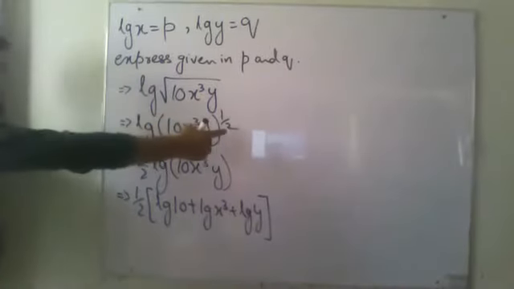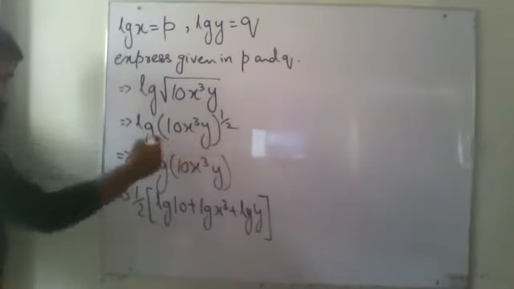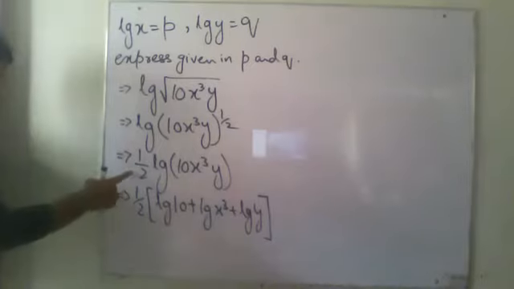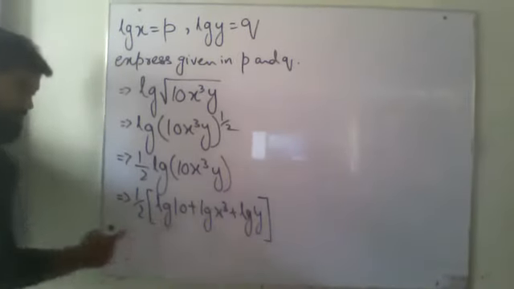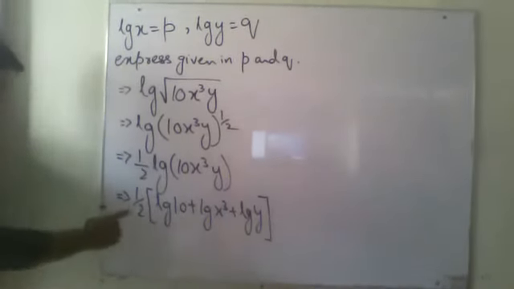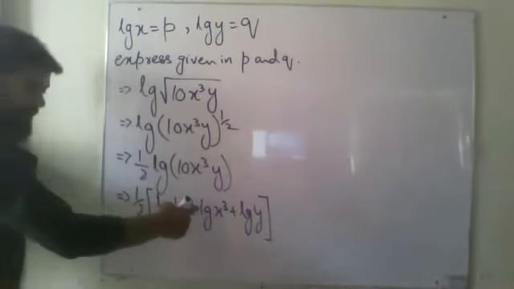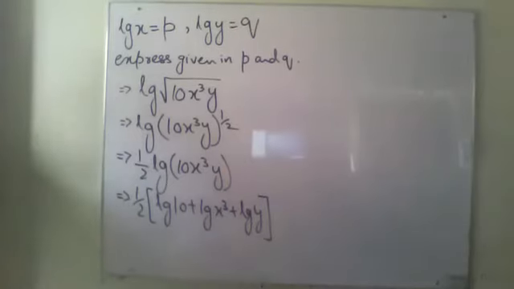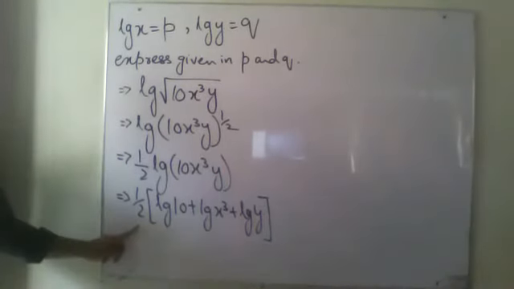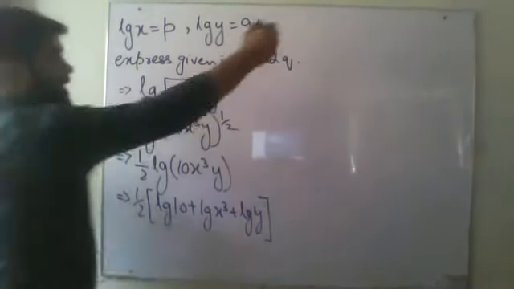Because this half was on all the terms, that's why I've written it before log, and still it is with everyone. If you want to shift it, you can shift it inside. You can write half log over here, half log over here, half log over here, or keep it outside. It's your choice.